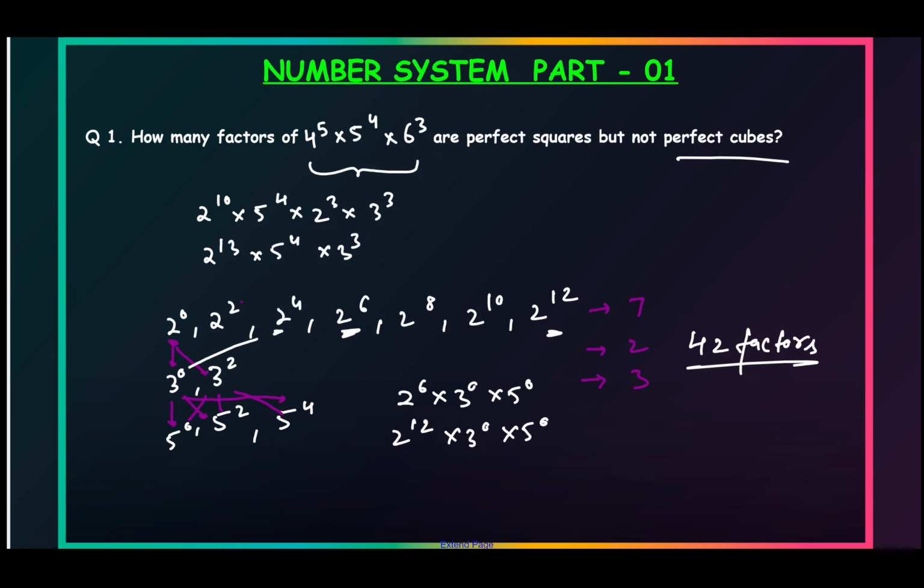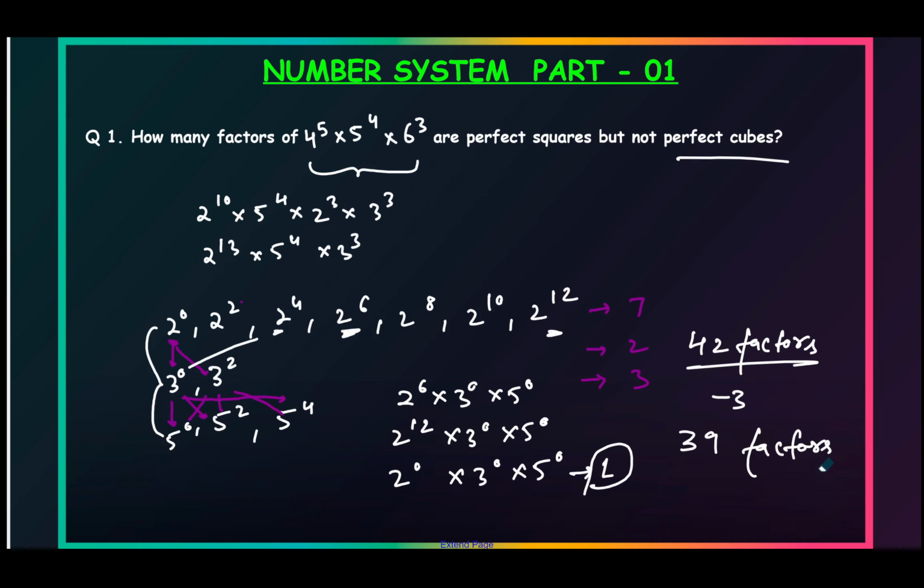And there is one more combination that we have to eliminate, which was our first combination, 2 to the power 0 times 3 to the power 0 times 5 to the power 0, which essentially means 1, and 1 is not a perfect square. So we have to eliminate three numbers from here, which means 39 factors will be our final answer.